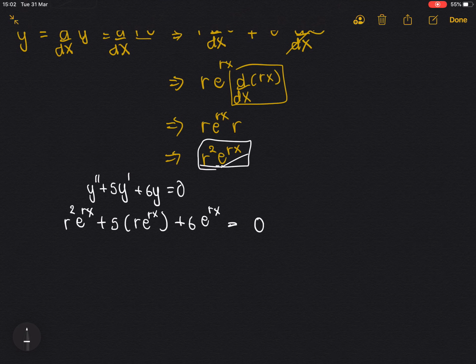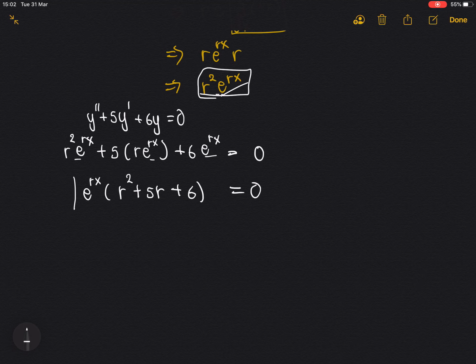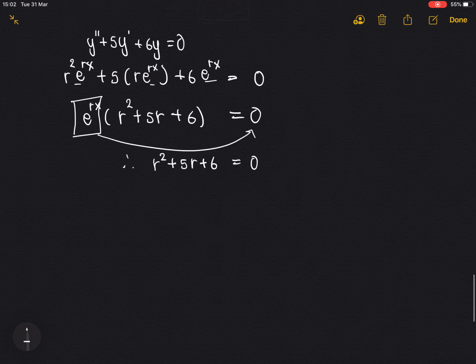So as you can see, we can factor out the same common term, which is the exponential of rx. Okay, and then inside the parentheses you will have r squared plus 5r plus 6 equivalent to 0. If you move these exponential terms to the right hand side of the equation, it will go to 0. Therefore, you will be left with r squared plus 5r plus 6 equivalent to 0, right?